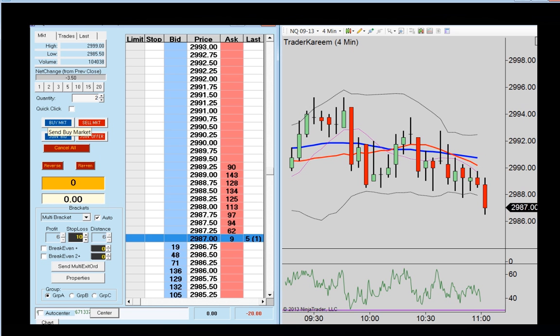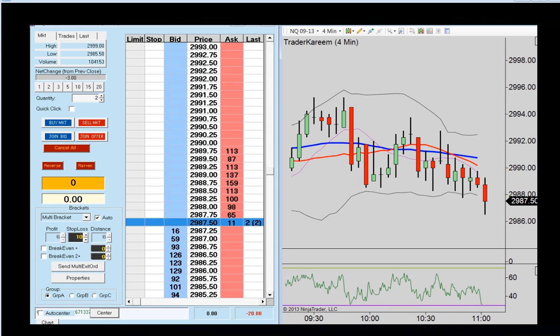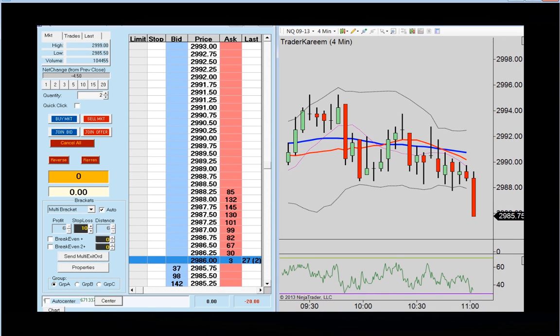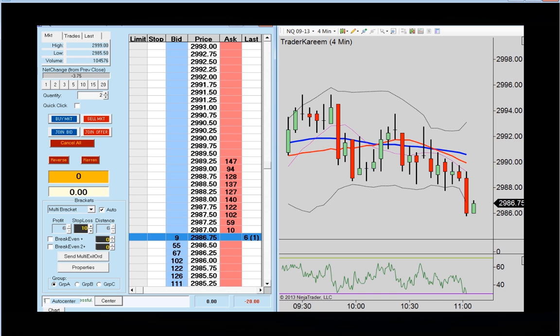I'm looking for it to go back toward the moving averages with an RSI oversold, and that happened right here. So I'm long.